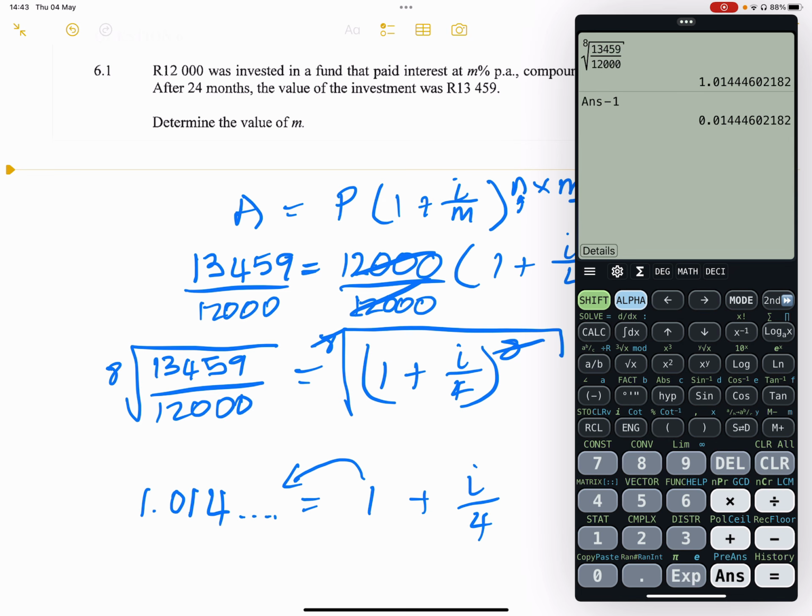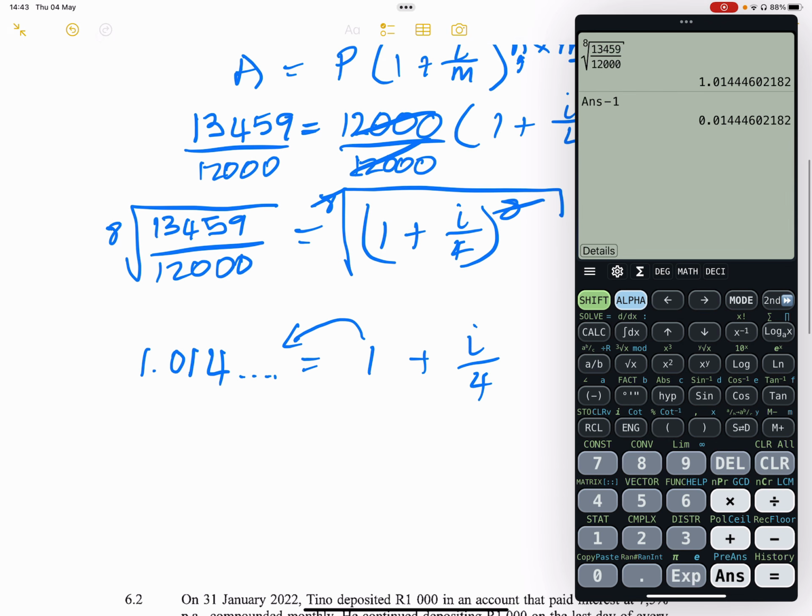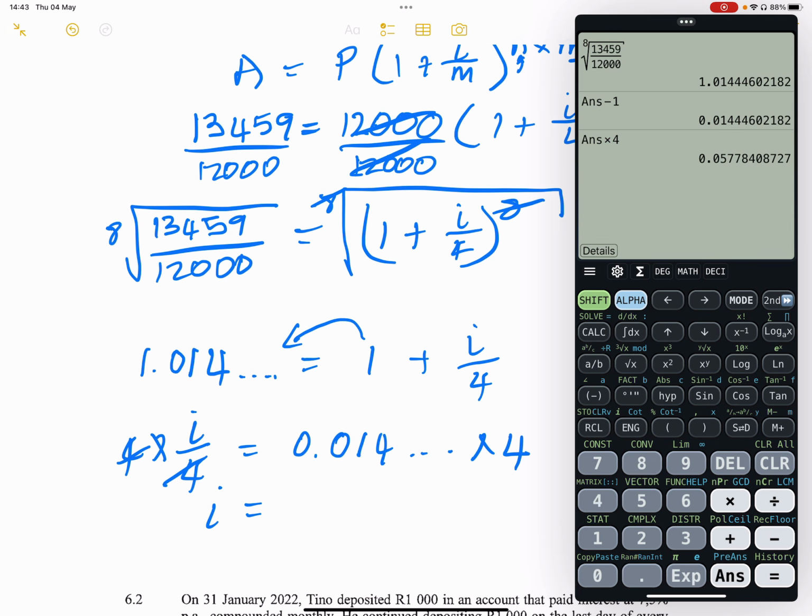So now i over 4 will equal 0.014... And of course, to get the value of i, all we need to do is multiply that by 4. So what I do on the left, I do on the right, multiplied by 4.